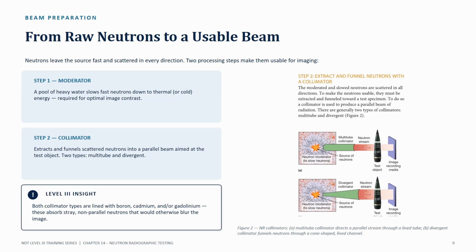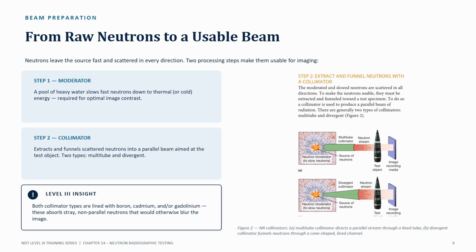Now that we've learned how neutrons are produced, let's look at what happens immediately after they leave the source. This is a critical step because the neutrons generated by a radioisotope, accelerator, or reactor are not immediately suitable for radiographic imaging.